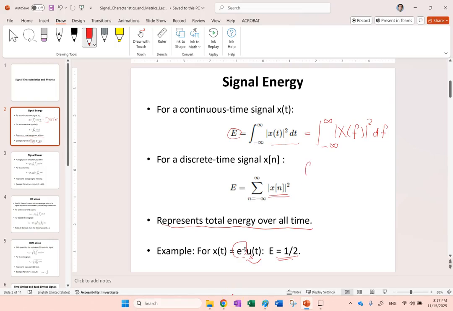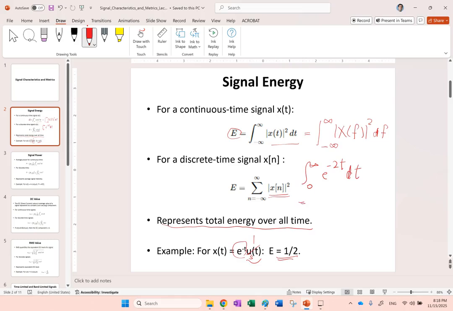So this is going to be the integral from negative infinity to positive infinity of, now, since this is step function and the step function is only defined over positive numbers, we have to change it now to 0 to infinity. So the magnitude of it becomes 1, and when you square that, this is going to be e to the negative 2t, right? Because it's e to the negative t to the power 2, and then dt.